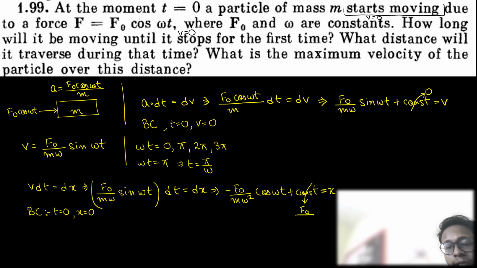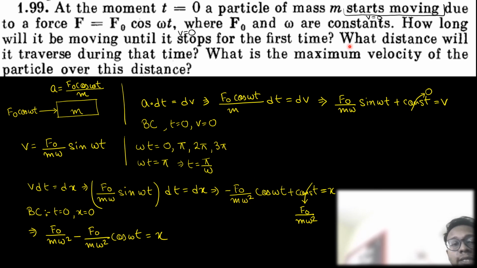So the value of x is nothing but F naught by m omega square minus F naught by m omega square cos omega t is equal to x. I just wrote this first and this one second, I just interchanged them.